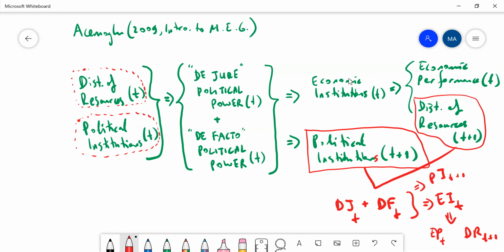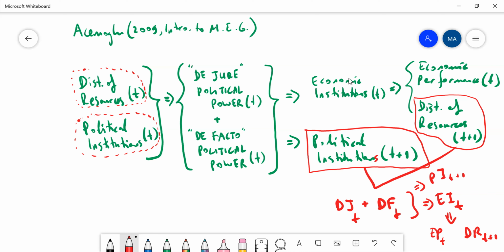Because the landowner class is usually against education reforms, right? But the capitalist class is not necessarily against education reforms that give public schooling for a large mass of people. Why? Because eventually if those workers become more skillful, they are also benefiting the capitalist class, because through industrialization, machines are getting slightly more complex. So the complementarity between human capital and physical capital eventually triggers faster growth in the economy, right?